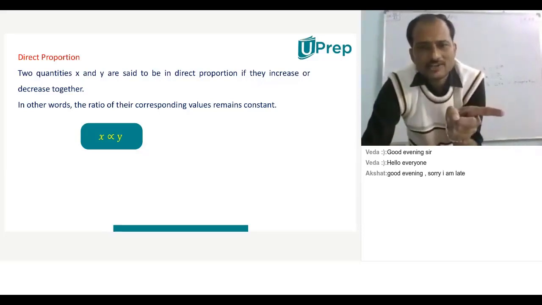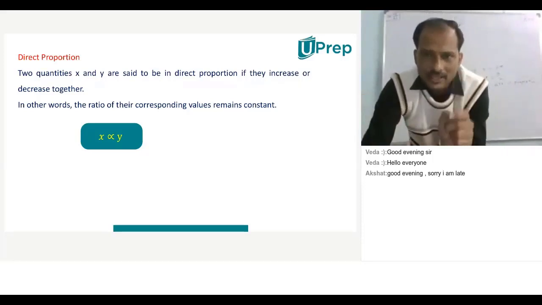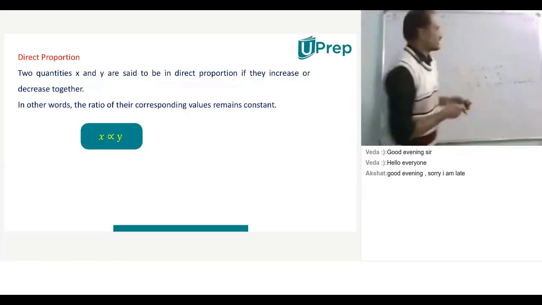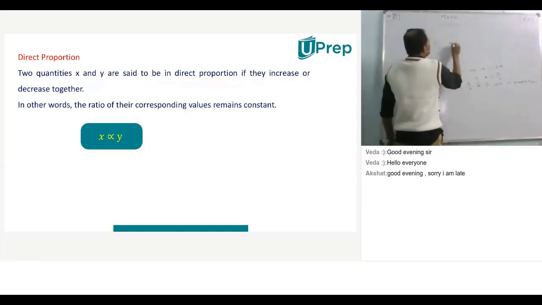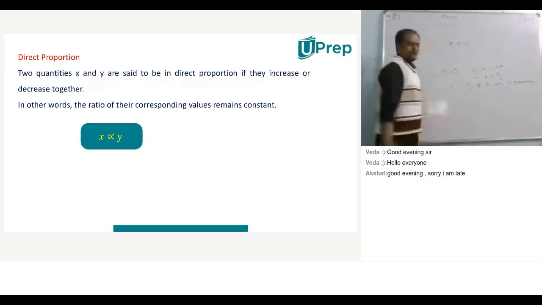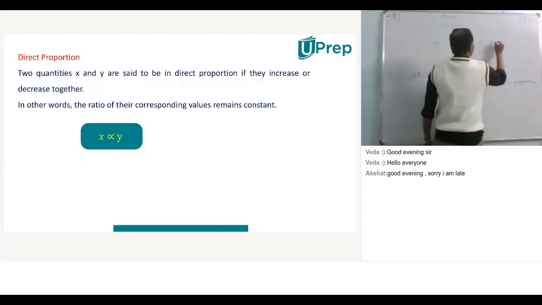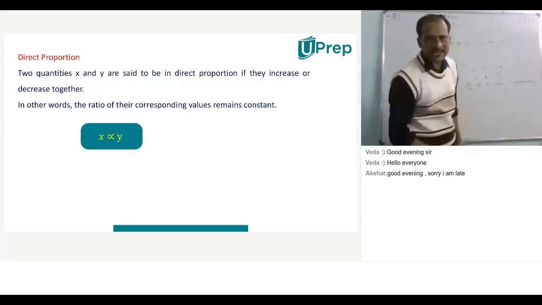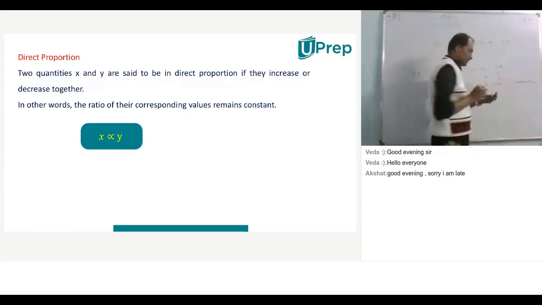Then X and Y are said to be in direct proportion, not indirect proportion. In other words, we say that X is proportional to Y, and we write it as X is equal to K into Y. And what is K here? Proportionality constant.